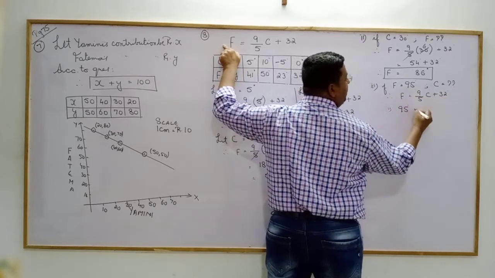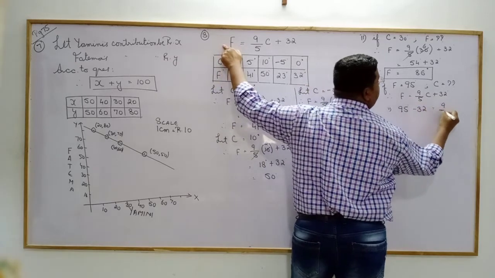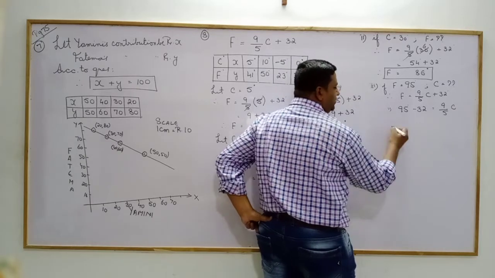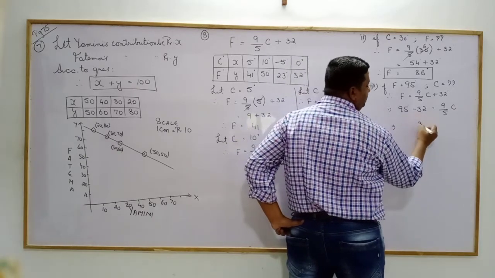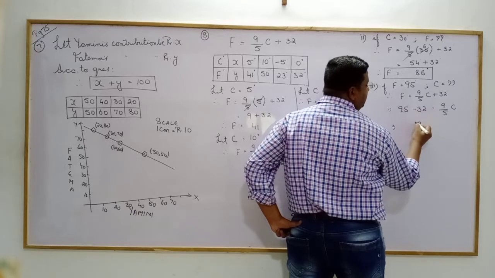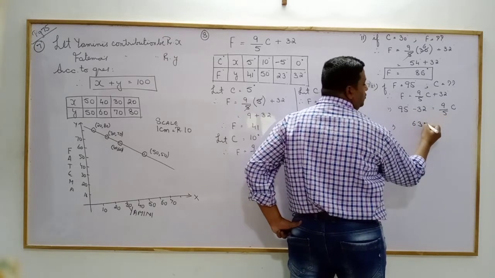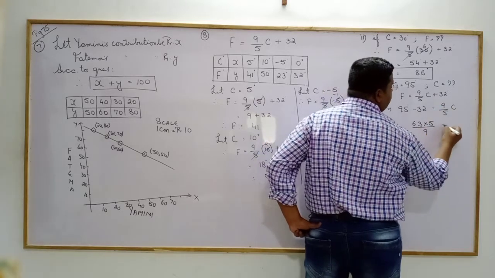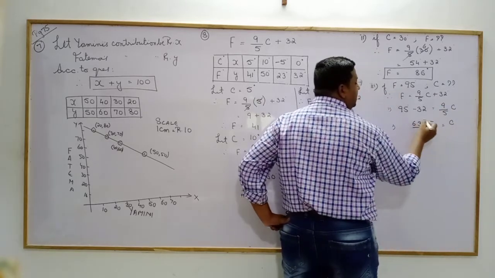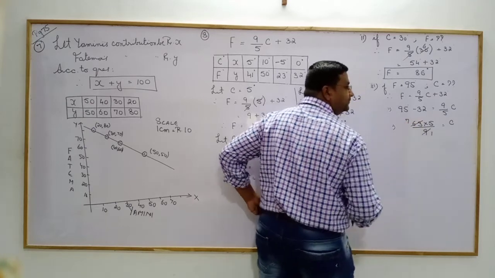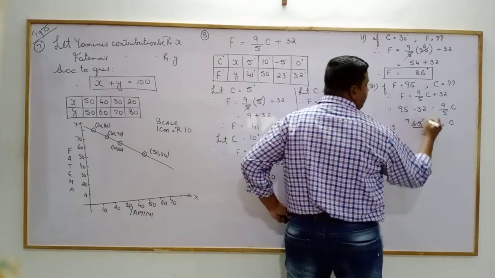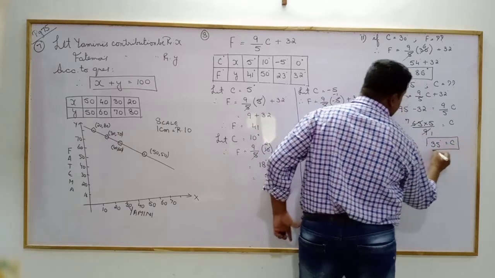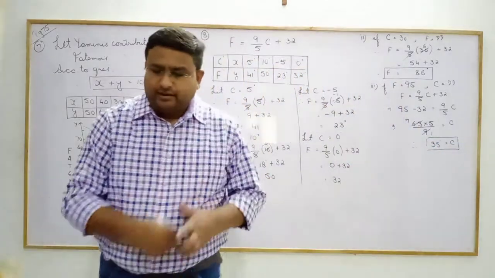Plus 32 comes over here as minus 32, equal to 9 by 5 into C. Simple transposition. 95 minus 32 is 63. 5 is in division, goes into multiplication. 9 is in multiplication with C, comes into division, equal to C. 9 ones are 9, 7 nines are 63. 7 fives are 35 degrees. Clear? Correct? So you can draw the graph.